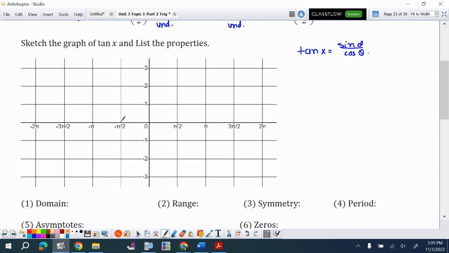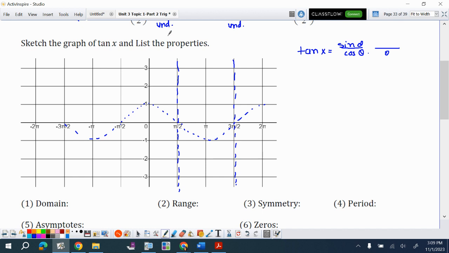So I'm going to sketch the graph for cosine theta. This is the graph of cosine. And whenever cosine is 0, tangent becomes undefined. Note that division by 0 is not defined. So whenever the cosine graph becomes 0 at pi over 2, I have a vertical asymptote for the tangent graph at pi over 2 and 3 pi over 2.